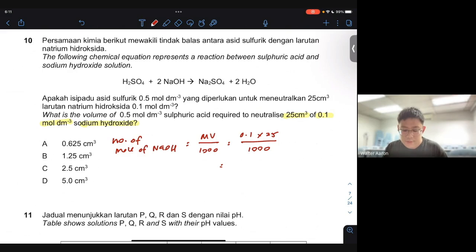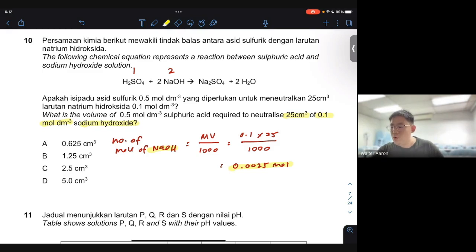So what I got on my calculator will be technically 0.0025 mole. Now, in terms of ratio, the ratio of sulfuric acid required to sodium hydroxide is 1 to 2. So currently what we have is the number of mole of sodium hydroxide, which is 0.0025.